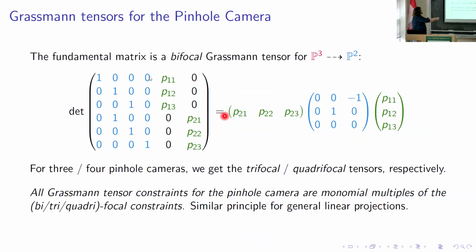They have a similar structure as this, just with 3 of these green columns or 4 of these green columns. And actually, things stop with the quadrifocal tensor in the sense that all of the Grassmann tensor constraints will be monomial multiples of one of these 3 types for the pinhole camera.